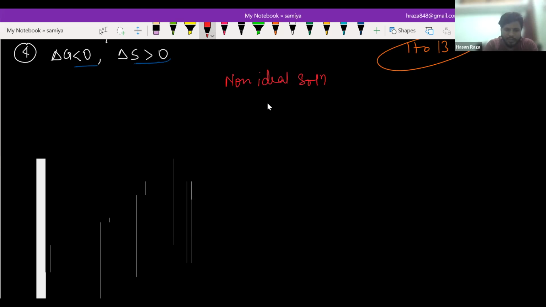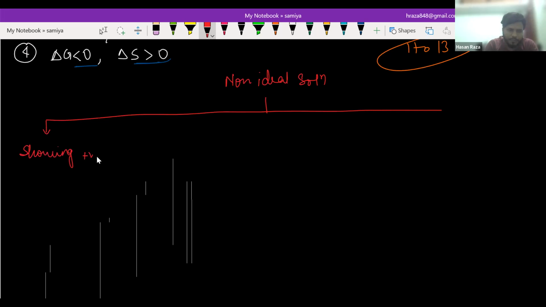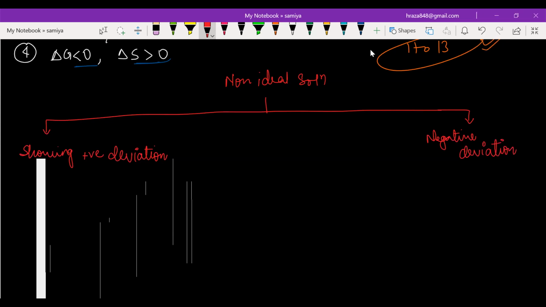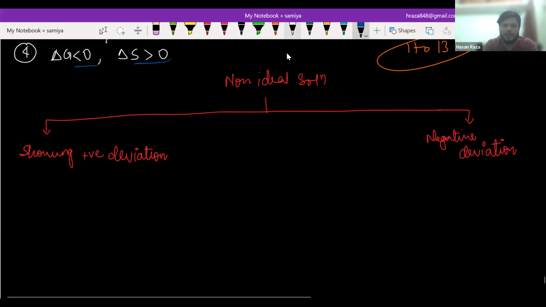The first part is non-ideal solution showing positive deviation, and non-ideal solution showing negative deviation. Are you getting my point? Yes, sir. Now see how we are going to classify whether non-ideal solution shows positive deviation or negative deviation.